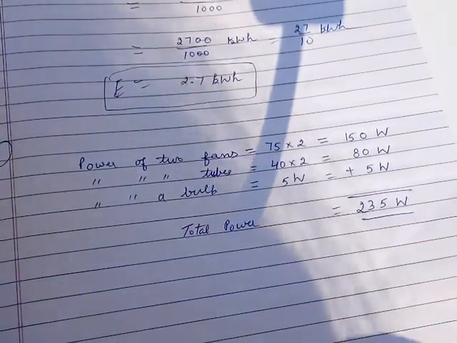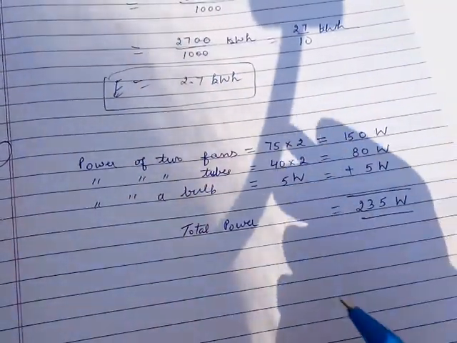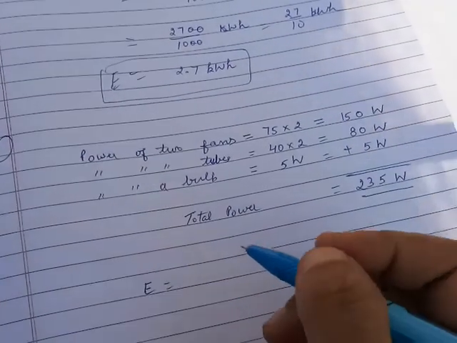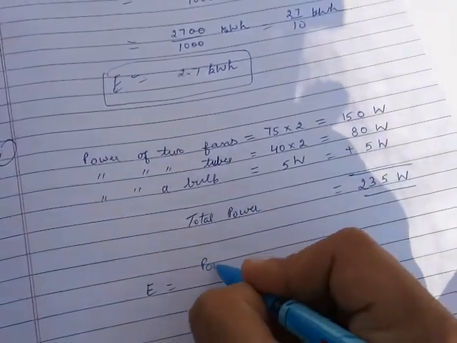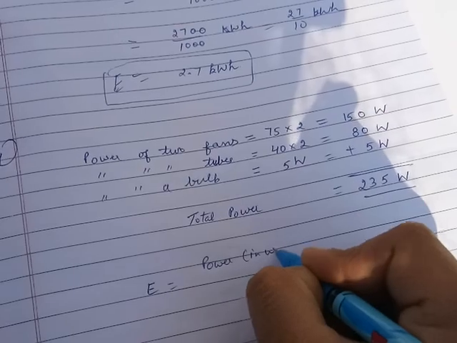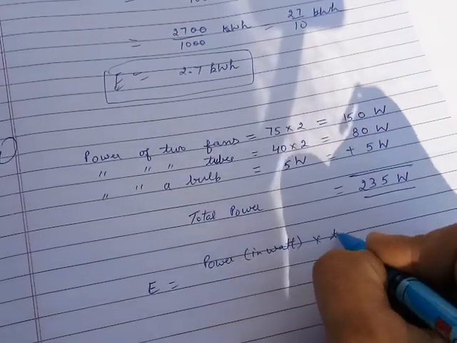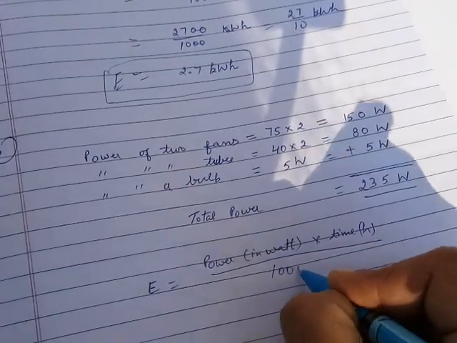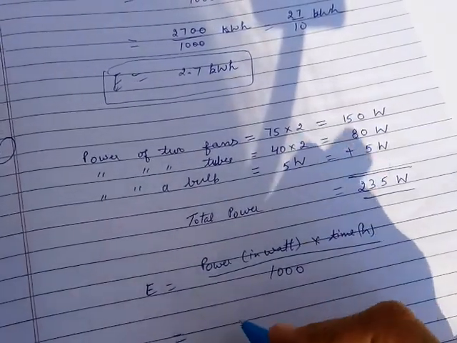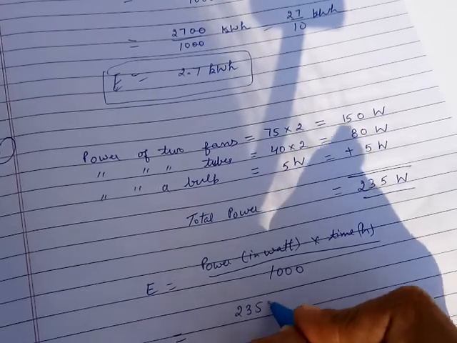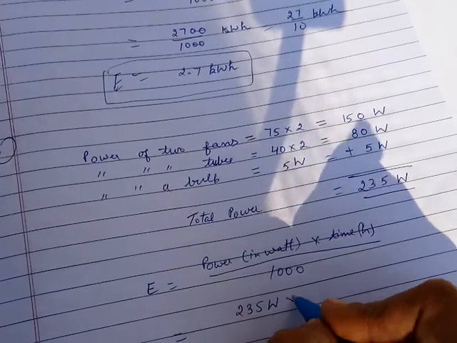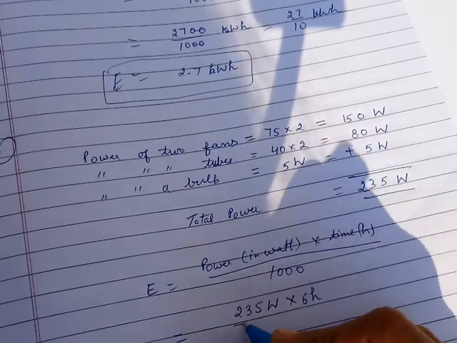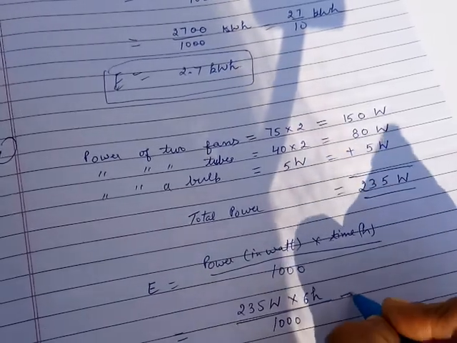Okay. Now next is energy consumed. E is equal to power in watt into time in hours divided by 1000. Then we have power is 235 watt into time is 6 hours divided by 1000.